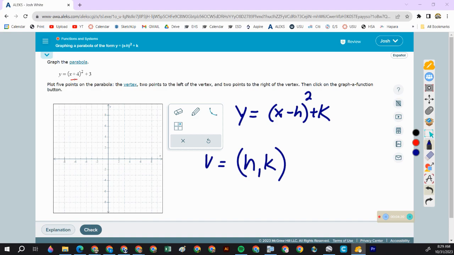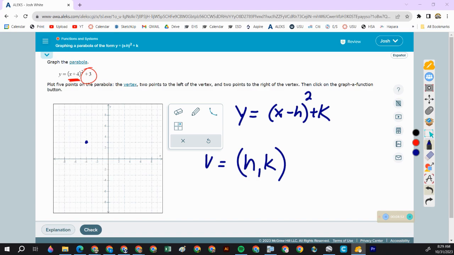So this says we're going to go left 4. So left 4 to there. And then this says up 3. Whenever your h is inside a set of parentheses, you do the opposite. But if k is outside the parentheses, then you do exactly what it says. So this would be (-4, 3).